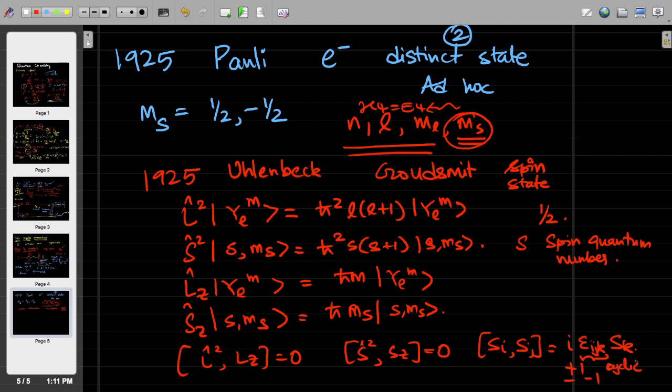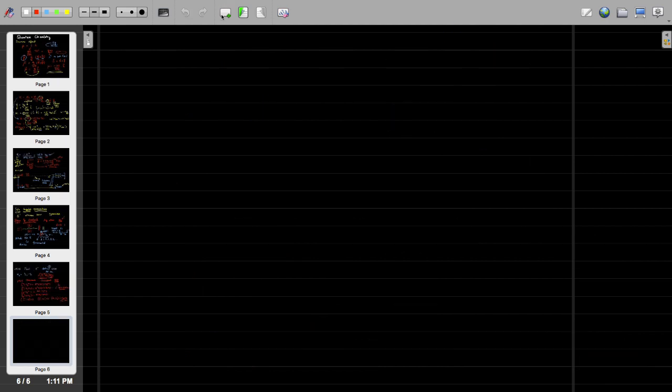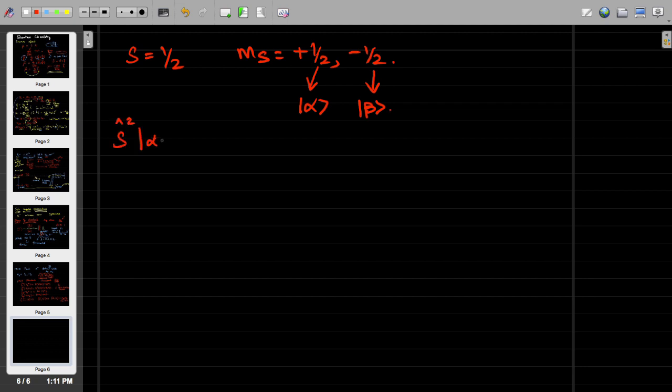Okay, so all these properties hold good, and interestingly enough, when you have a spin quantum number of half, you have m_s that goes from plus s to minus s in integer steps, so there are going to be plus half and minus half present. They started associating the plus half spin to the alpha state and the minus half spin to the beta state. So for instance, if you are operating S squared on the alpha state, you are going to end up getting h cross squared half into half plus 1, |1/2, alpha> back.